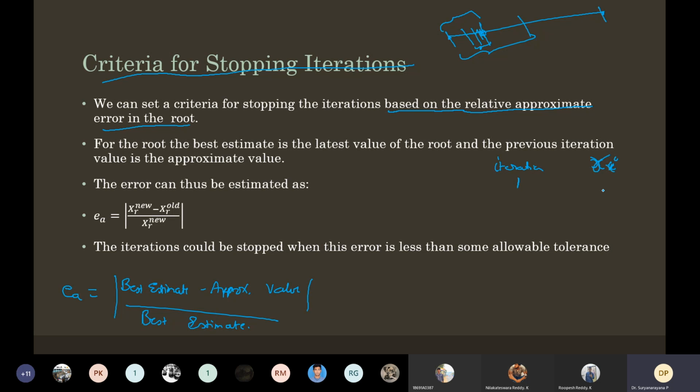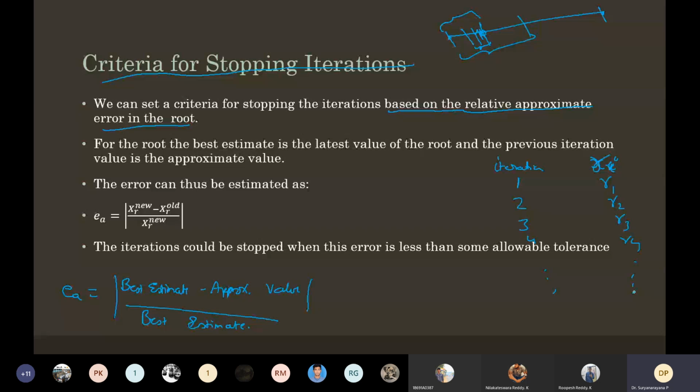So iteration 1, you have the first value of the root. Iteration 2, you have a different value of root. Iteration 3, a different value of root. 4, a different value of root. So on and so forth, it goes on, right?